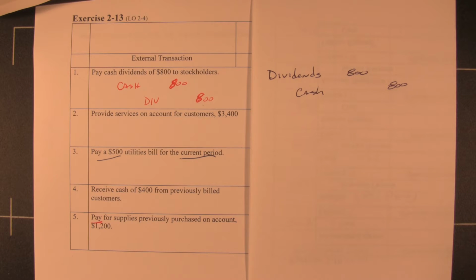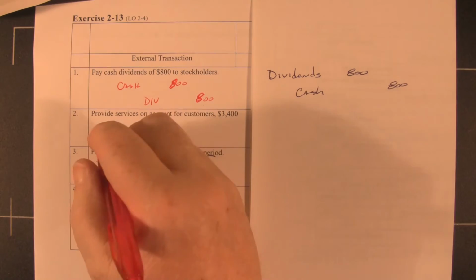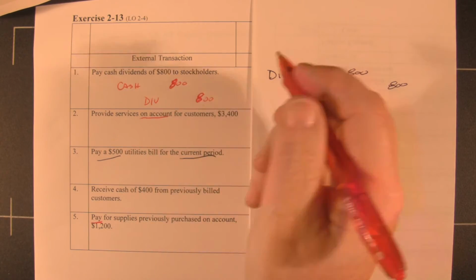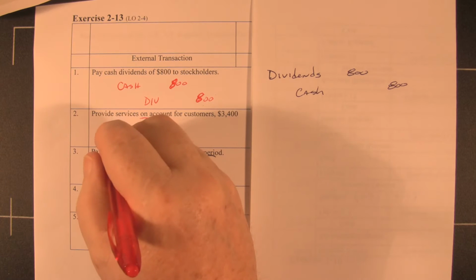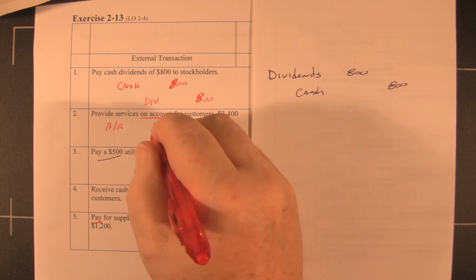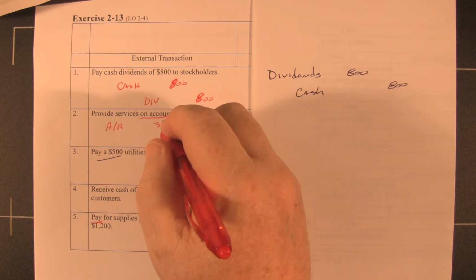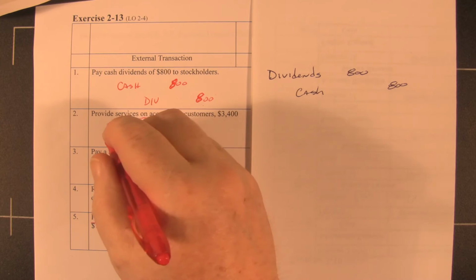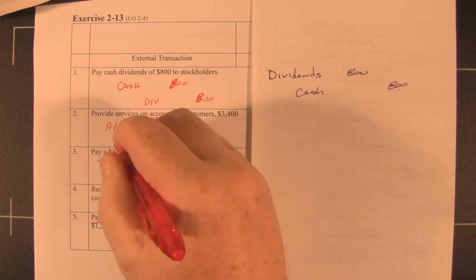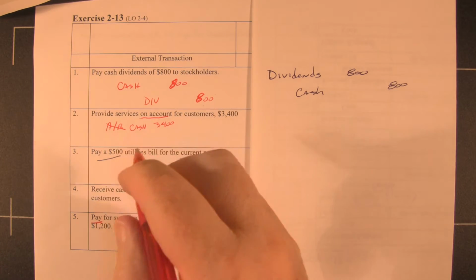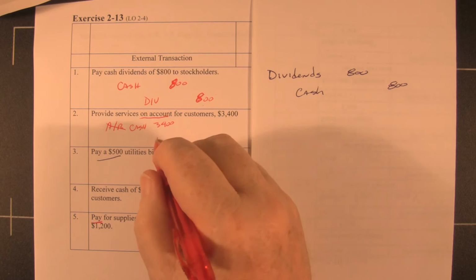We provided services on account for customers. So on account, so that would be accounts receivable, $3,400. But he instead wrote down that we got cash for $3,400 and revenue for $3,400.